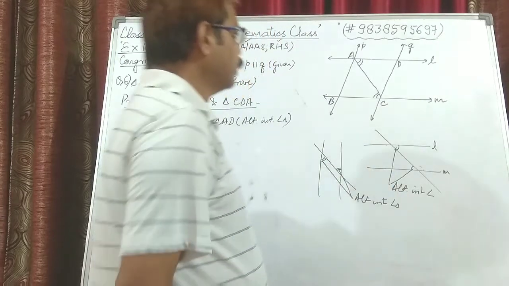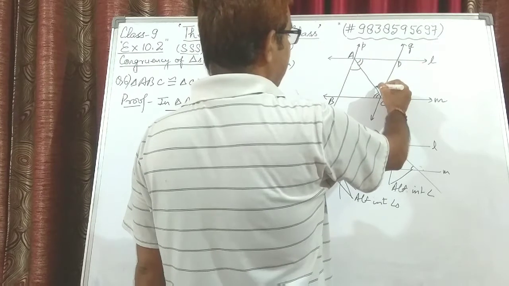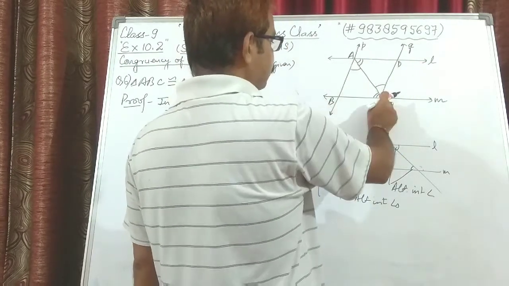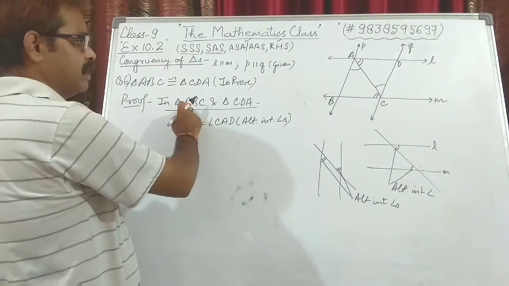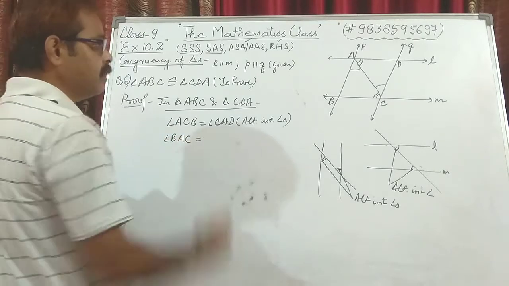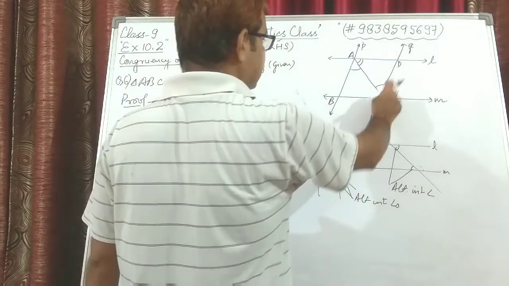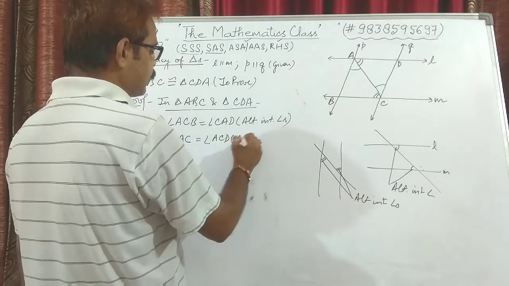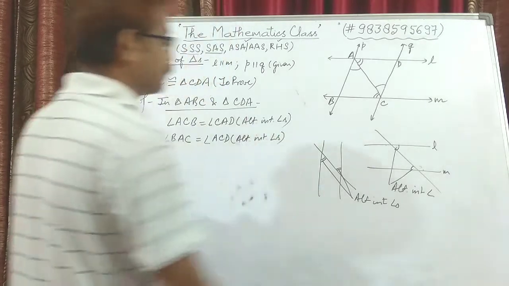So they are equal. So we will say angle BAC, because BAC lies in triangle ABC, and we are writing first about triangle ABC. So angle BAC is equal to angle ACD, and that is also the same reason, alternate interior angles.